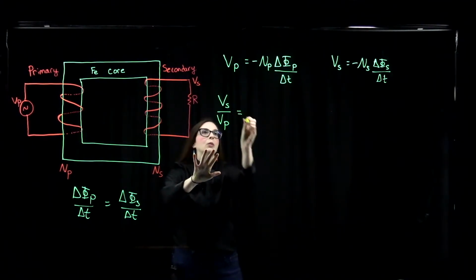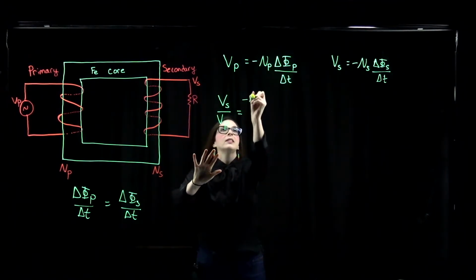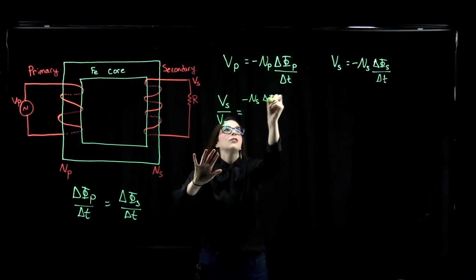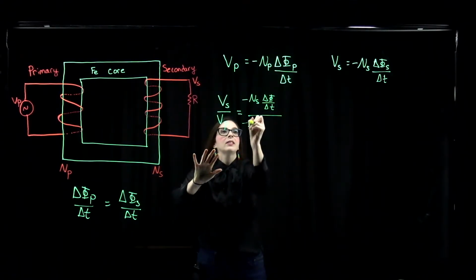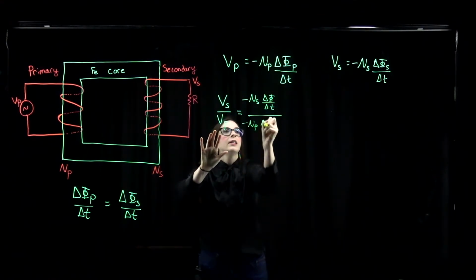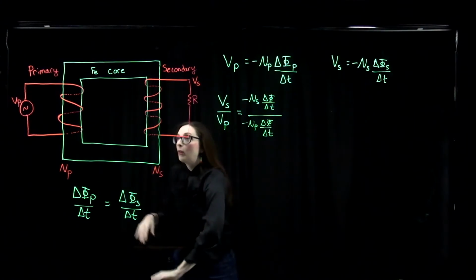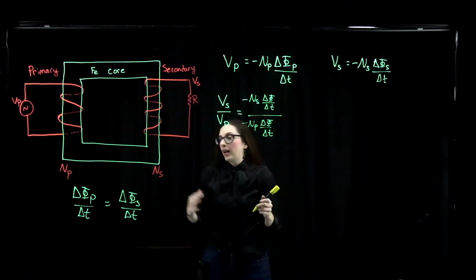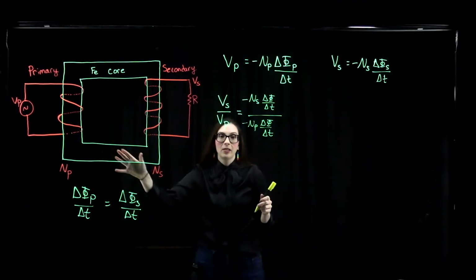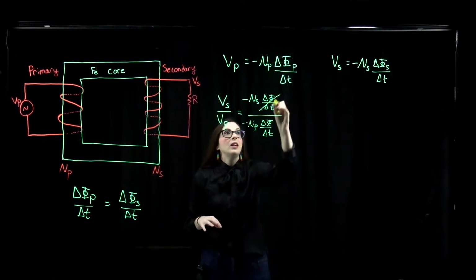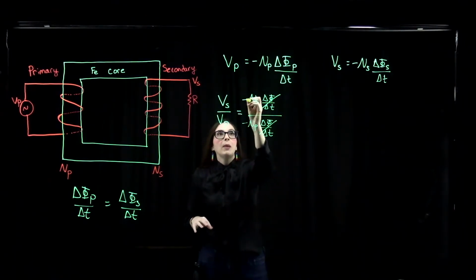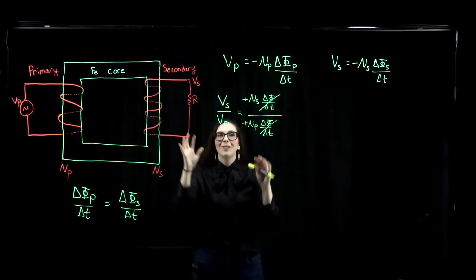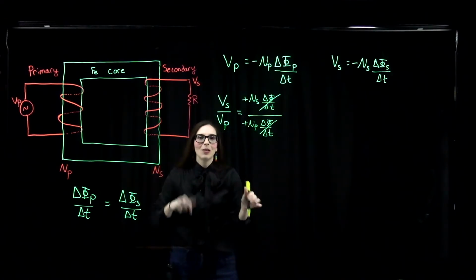So that will equal minus Ns delta phi over delta T divided by minus Np delta phi over delta T. So we said that for both of these coils in our transformer, delta phi is the same for both sides, so these will cancel on top and bottom. We're dividing a negative by a negative, which gets rid of those negatives.